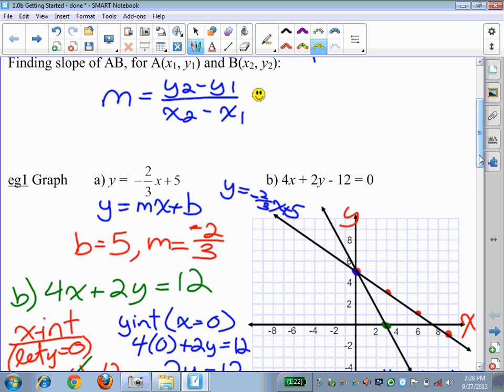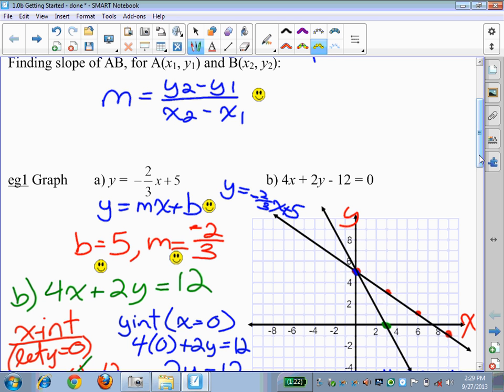Here we have an example, y equals negative 2/3 x plus 5. Remember, that's the equation of the line, y equals mx plus b. From that information, we can see that b equals 5 and m equals negative 2/3.